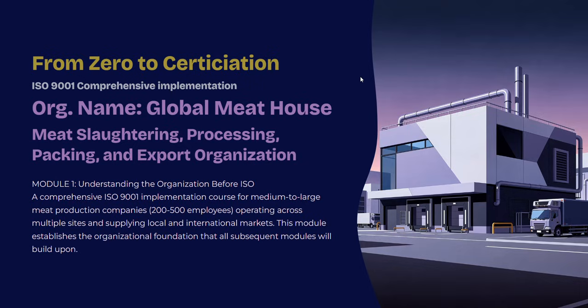And we will explain later what we mean by multi-sites operations and implementing a system for it. It supplies to national and international markets, and this is the base on which we are going to build all the subsequent modules.